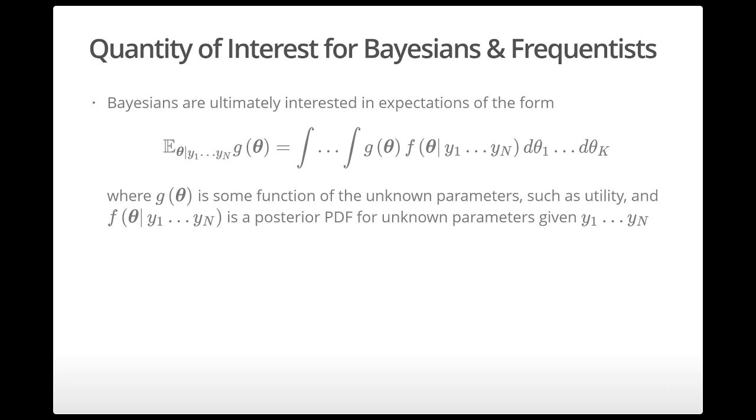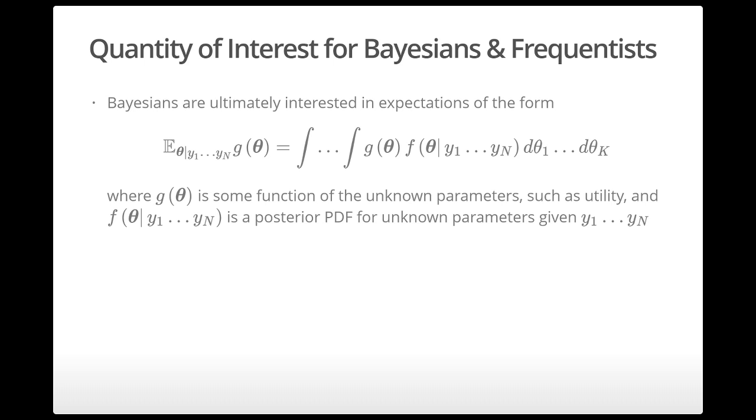You're interested in the expectation of this G function, which is the integral across the parameter space, all the dimensions of theta, of the G function weighted by the posterior PDF. So you integrate theta out of that and you have your expectation of utility or whatever the G function is. You may not be able to do that integral in elementary form. In fact, most often you cannot.